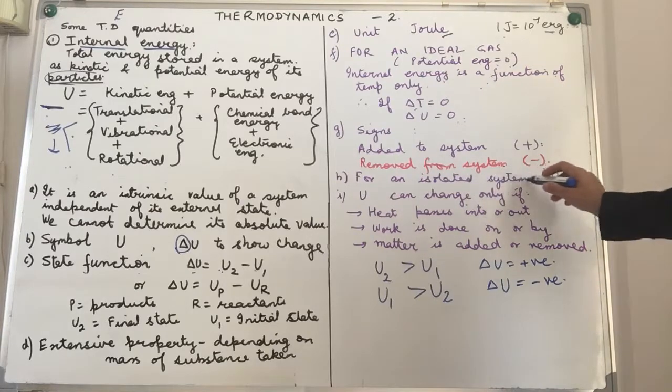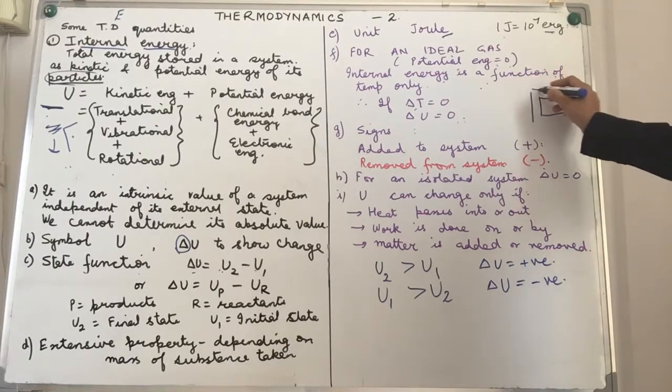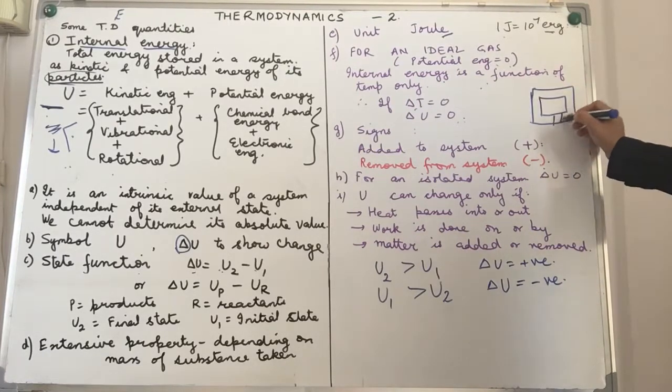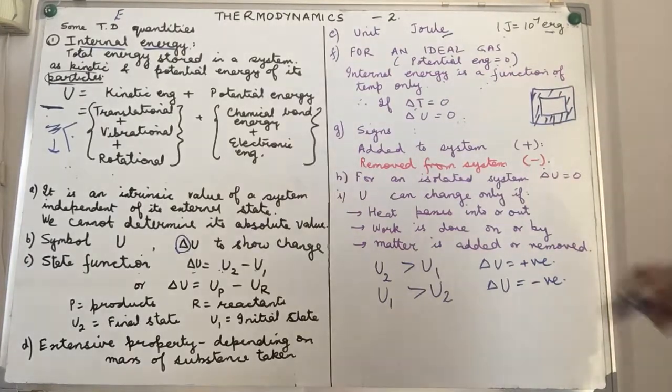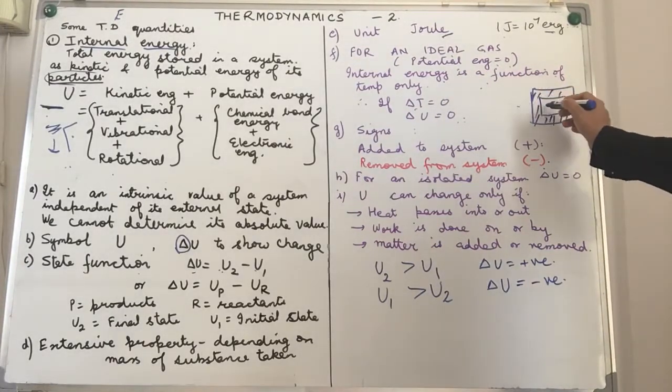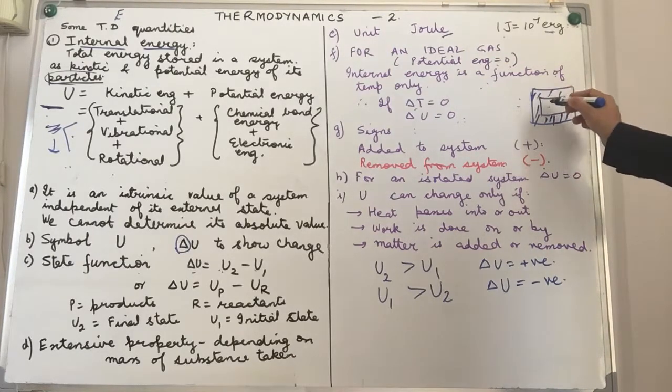For an isolated system, what we are talking about is a system which is completely cut off from the surroundings. In other words, it is insulated and tightly closed. Neither can mass escape nor more mass be added to it. Neither can it lose energy to the surroundings, nor can the energy of the surroundings enter it.